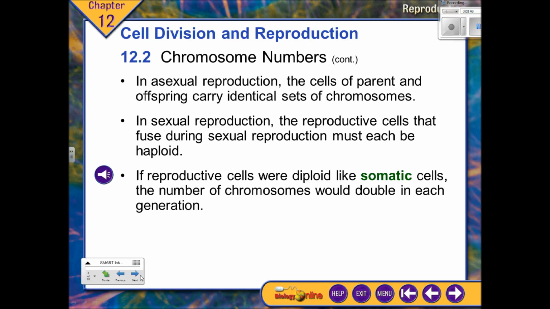Now, all your body cells are known as somatic cells, so you want to just memorize that. All of your cells are somatic except for your gametes. So all human cells are diploid, right? They have the pairs, except for the gametes. So somatic cells are body cells, they're all your normal cells. Gametes are your sex cells, and they're haploid.